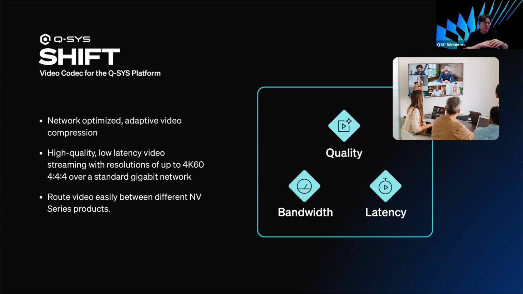So it can expand for, say you're playing a movie or really fast video clips. Or if you're just doing slides like I'm doing today, it can really compress that even more. And it really gives a nice ability to have low latency video over a single gigabit network port, and can do 4K 60, 444, which I think in today's market is pretty much a requirement.